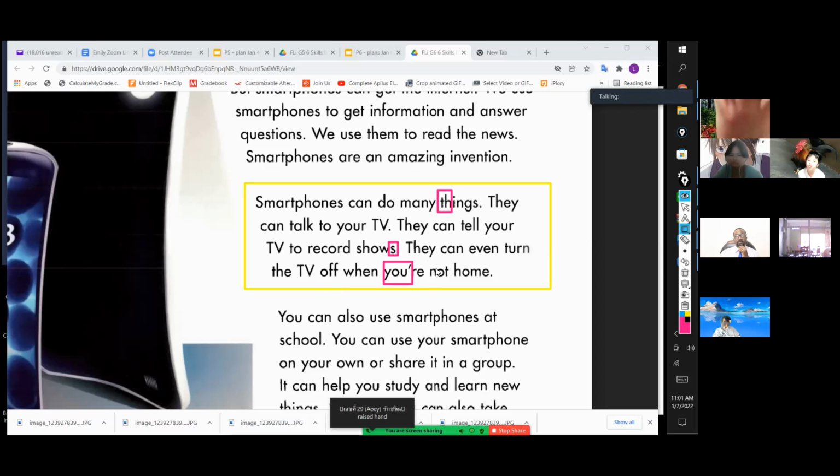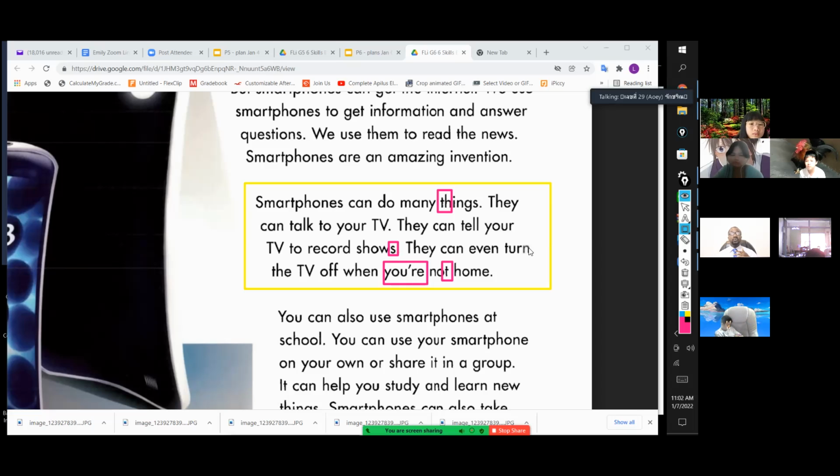Okay, very good. So let's read this together. Things. Wonderful. Shows, S. Now, this is not you are, it's your.